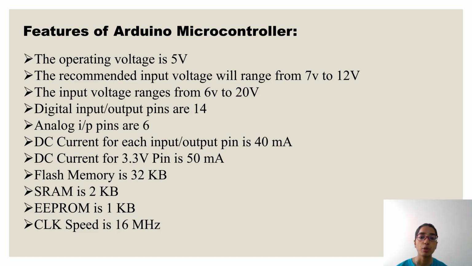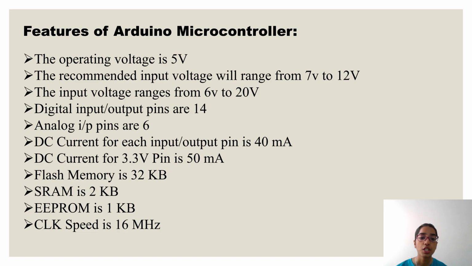Features of Arduino microcontroller. The operating voltage is 5 volt. The recommended input voltage will range from 7 volt to 12 volt. The input voltage limit ranges from 6 volt to 20 volt. Digital input-output pins are 14. Analog input pins are 6. DC current for each input-output pin is 40 milliampere.